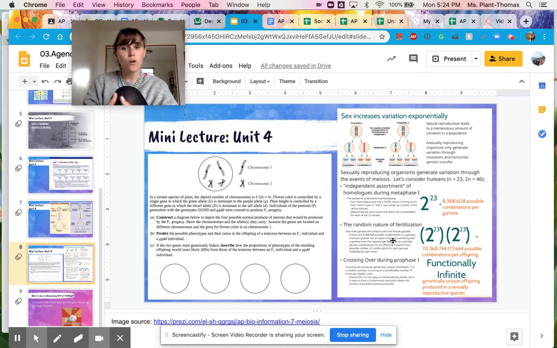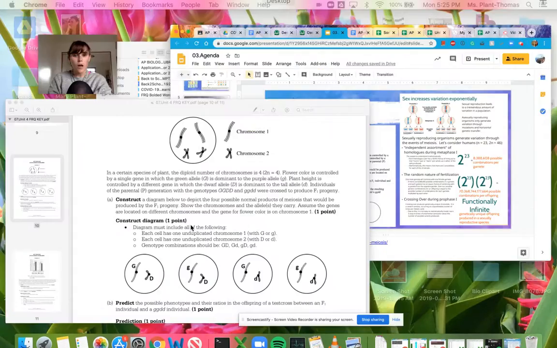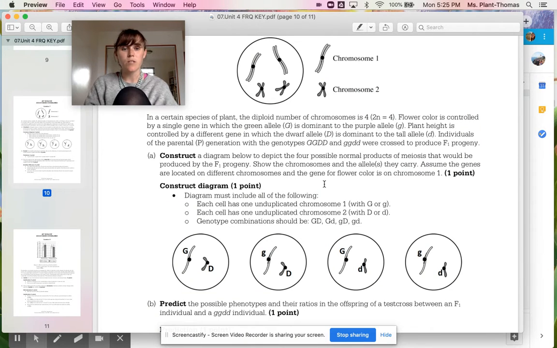Okay. So the first thing you need to figure out in this question is what would end up in each of these 4 gametes from this original parent cell, and this cell is representing the F1. We're starting out with these 2 parents, right?